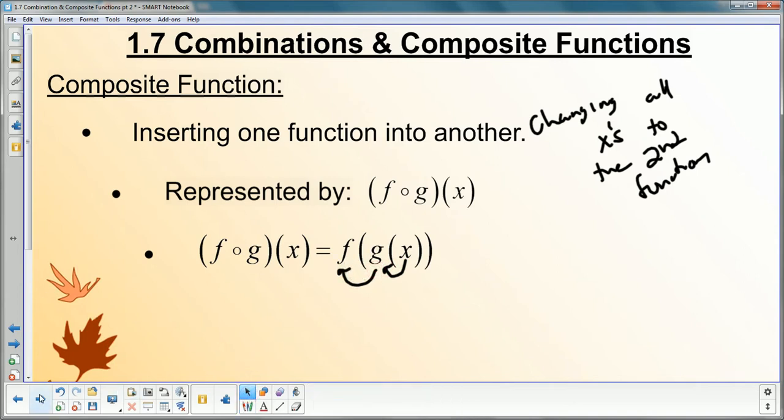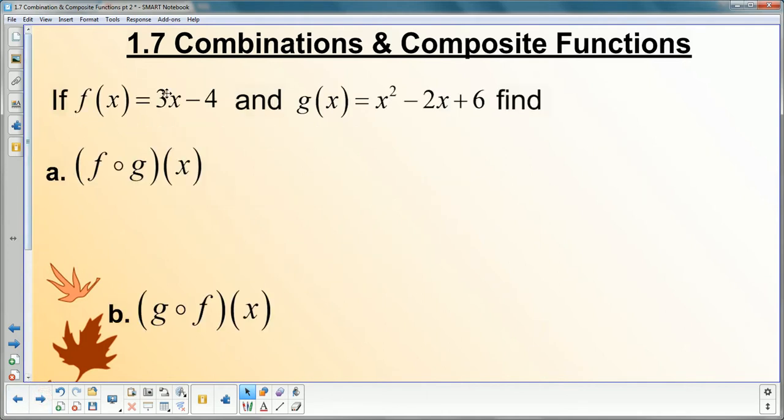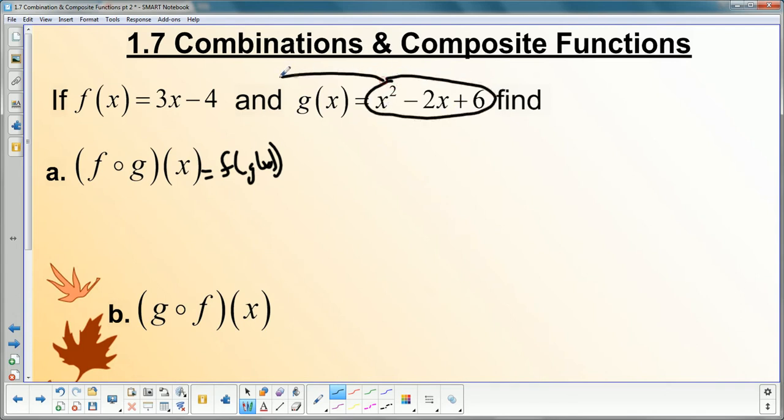What that would look like, if f of x is 3x minus 4 and g of x is x squared minus 2x plus 6. Again, remember this means that you're taking g of x and plugging it into f. So I'm going to take this whole thing here, and there's only one x, so I'm going to plug it in right there. So I'm going to have 3 times x squared minus 2x plus 6, and then our minus 4 as well.